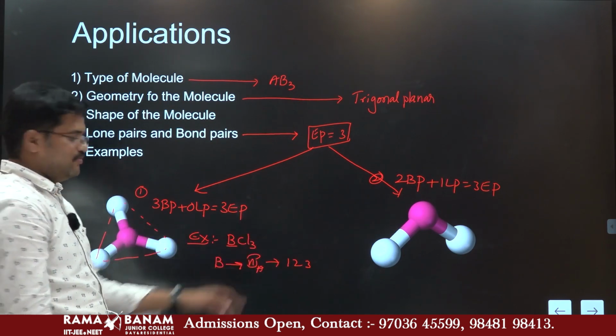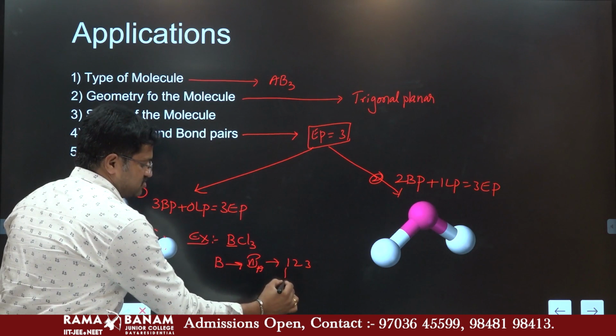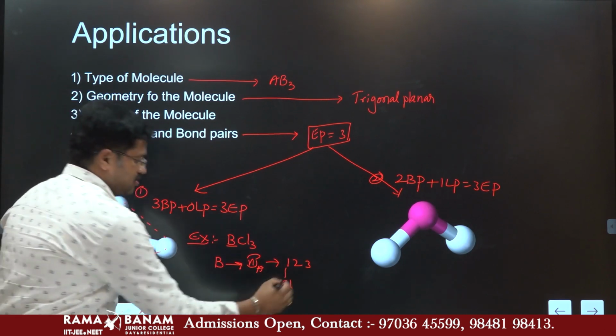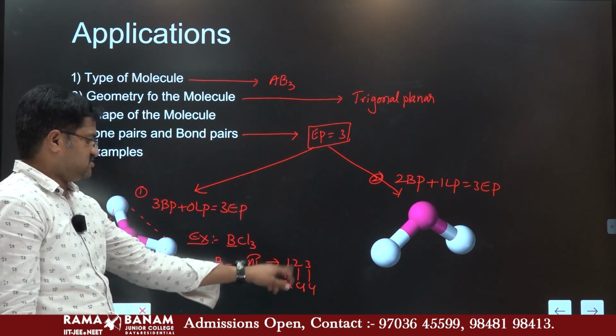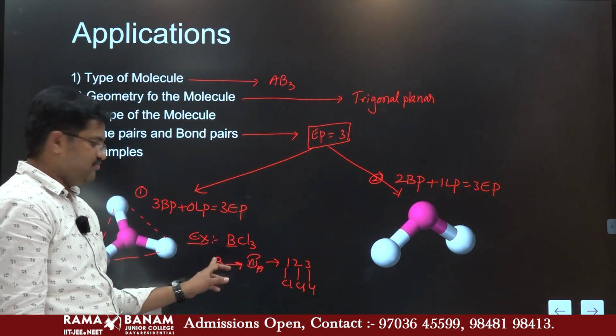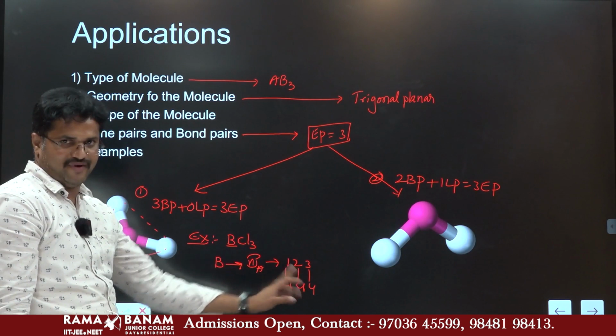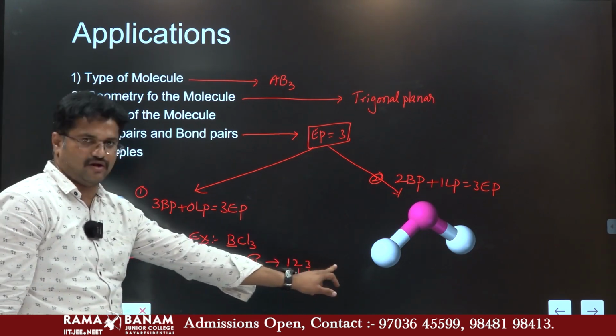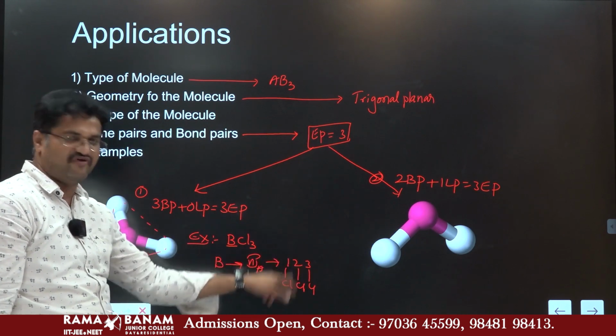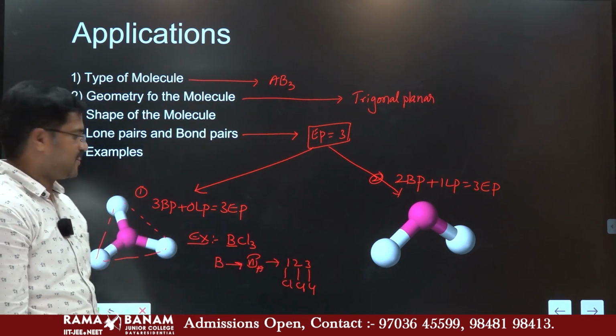Chlorine forms a single bond because it is a halogen. Halogens or hydrogens form single bonds. So the 3 single electrons of boron form 3 bond pairs: 3 bond pairs, 0 lone pairs. There are no electrons left on boron after formation of 3 bonds.